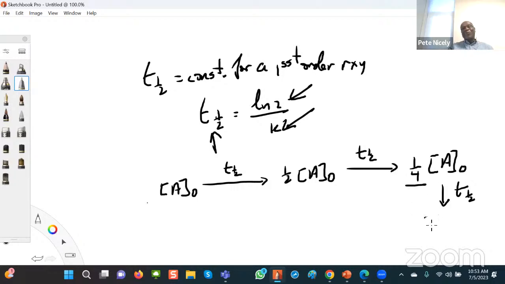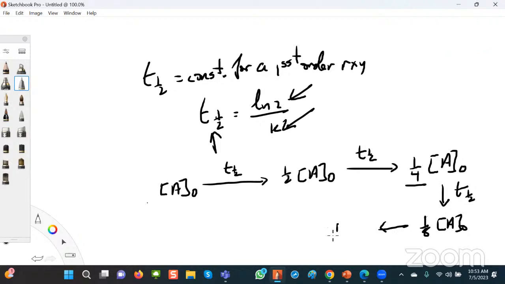What is half of a quarter? 1/8. Exactly. And then the next half-life, what would be the concentration? 1/16. Exactly, and so on and so forth, right?